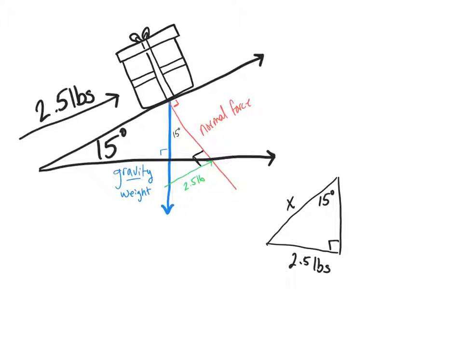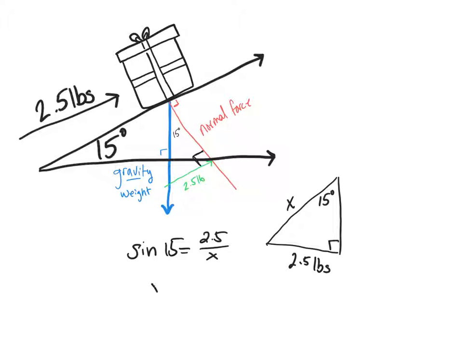In this case, it's just basic right triangle trig. I have an angle, I have the opposite side, and I have the hypotenuse. So we're going to write that out with sine. The sine of 15 is equal to 2.5 divided by x.